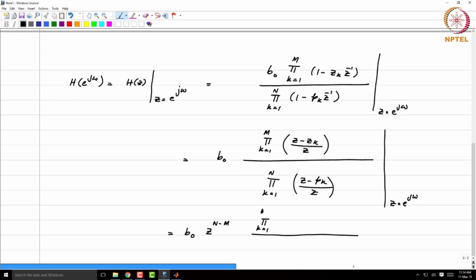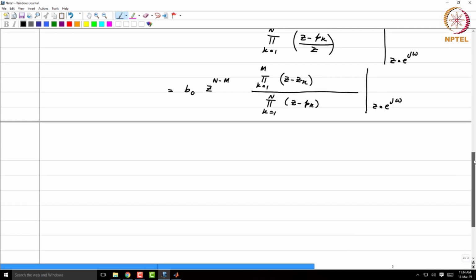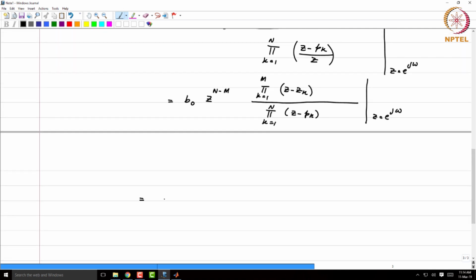So we have product for k going from 1 to capital M of z minus z_k, and product for k going from 1 to capital N of z minus p_k, all of this being evaluated along the unit circle. So, this is b naught. Now, we will substitute z by e to the j omega.